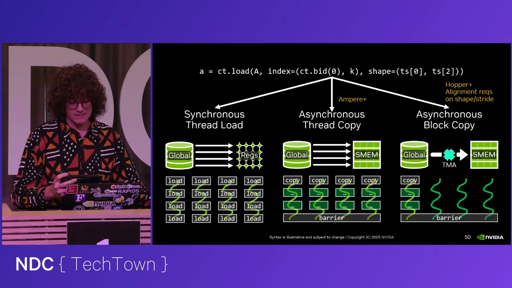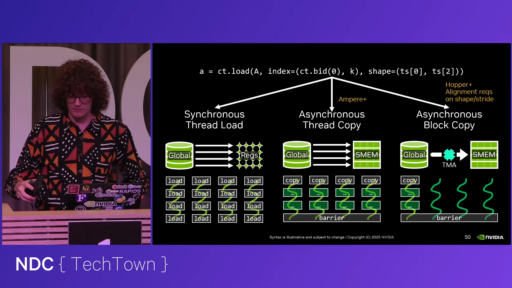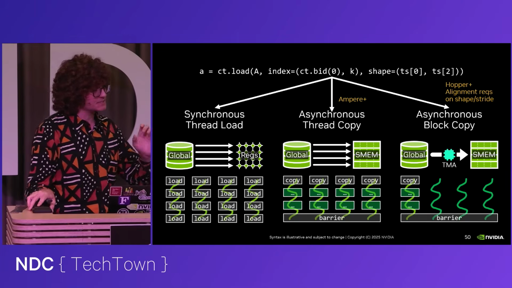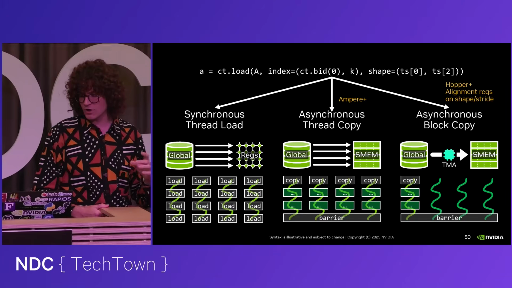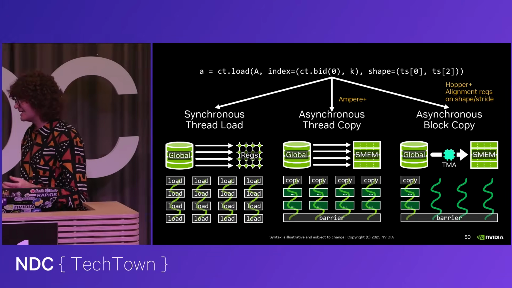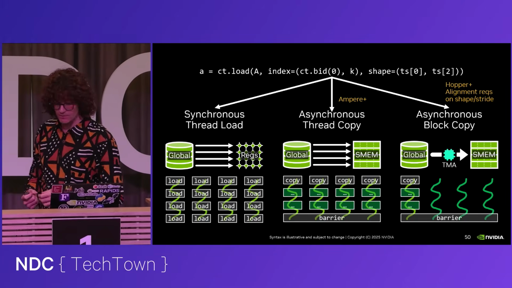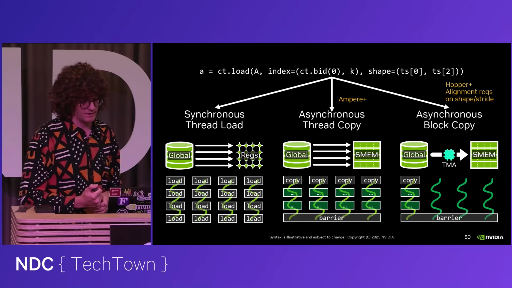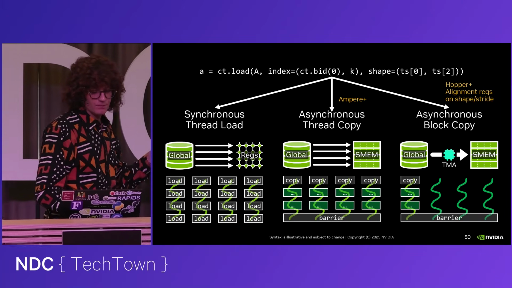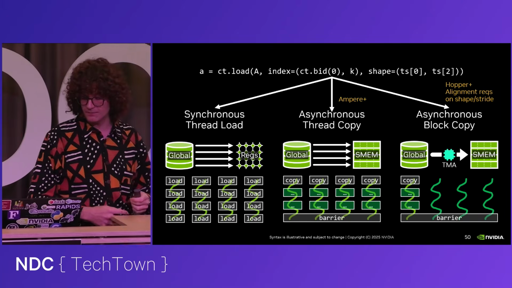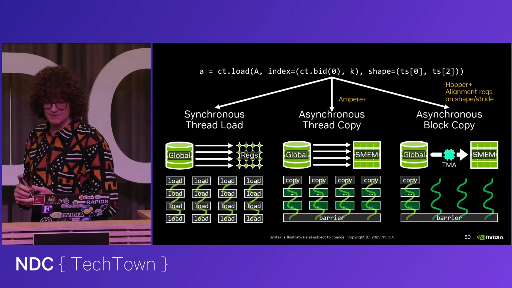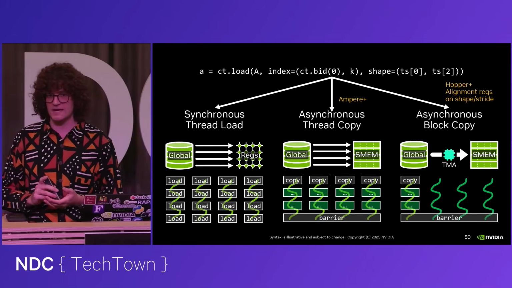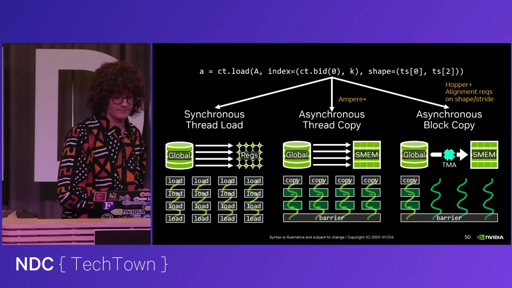We could also use the Tensor Memory Accelerator to perform asynchronous block-wide loads and stores, allowing for even more overlap of compute and I/O and exposing much greater bandwidth. The system will pick the best option available given the constraints of the memory access patterns that you've specified and the hardware that you are running on.